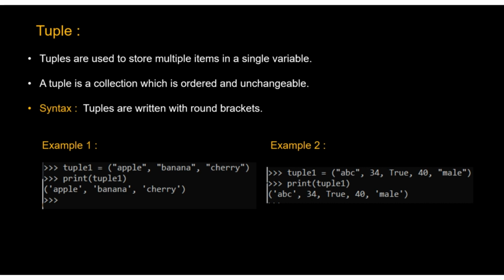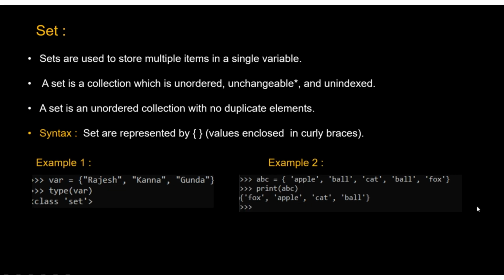The next data type is set. Sets are used to store multiple items in a single variable. A set is a collection which is unordered, unchangeable and unindexed. A set is an unordered collection with no duplicate elements. As per syntax, sets are represented by curly braces.